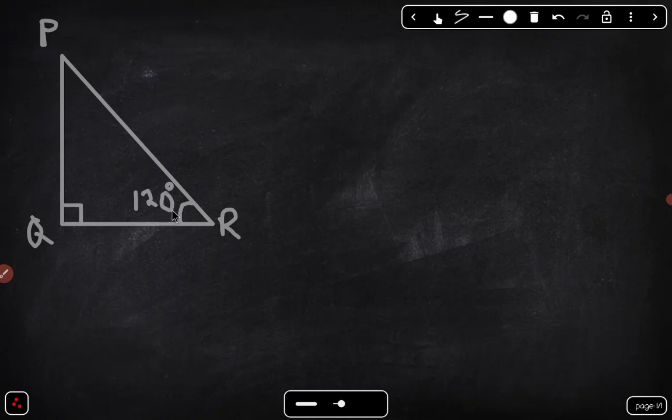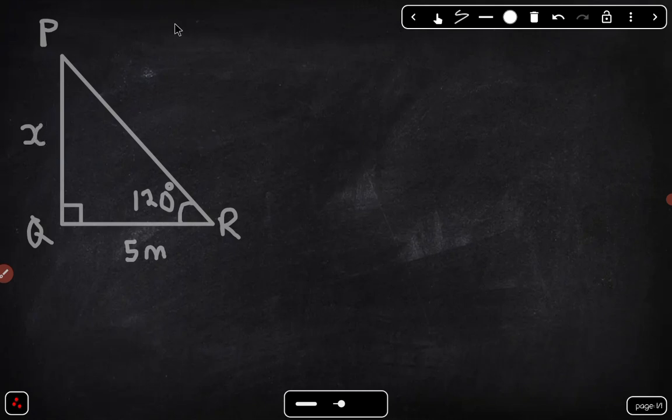120 degrees, and here you are given 5 meters, and here you are given x.